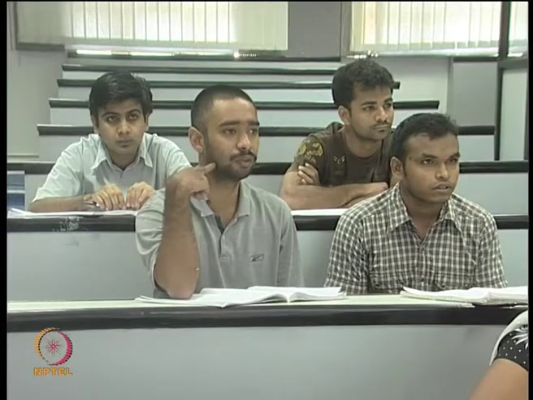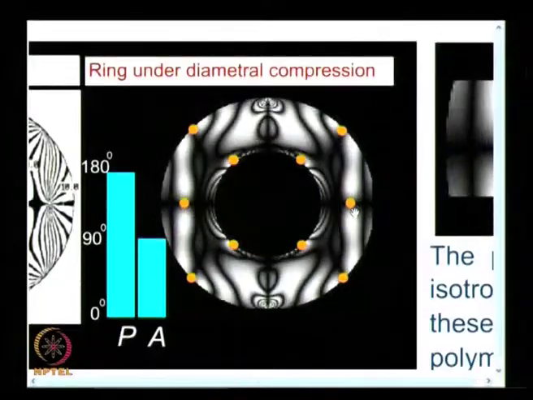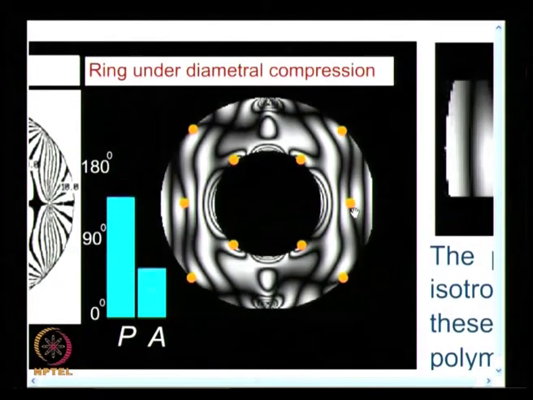Look at here, the complexity is manifold in a ring under diametrical compression. Yes? The other one in this under diametrical compression. Yes. Do we have this isotropic point? You do not have an isotropic point. But we do have 0th fringe order. That is not the intention there. See, the definition of an isotropic point is where all the isoclinic pass through.